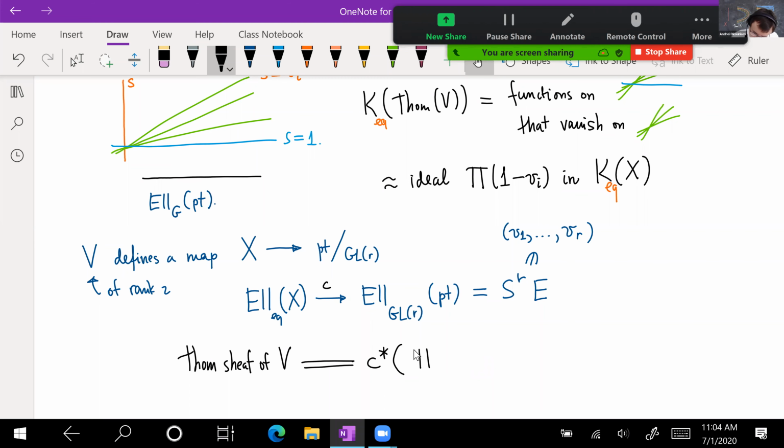Let me just write down, so this is the ideal of what? Inside here, there is an embedding.